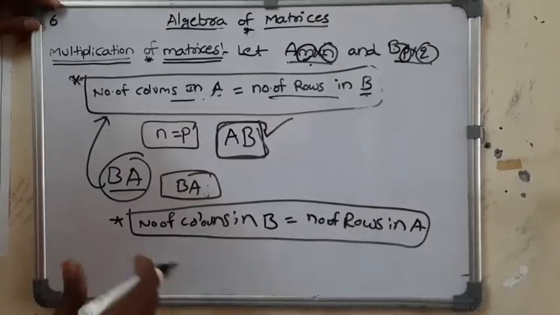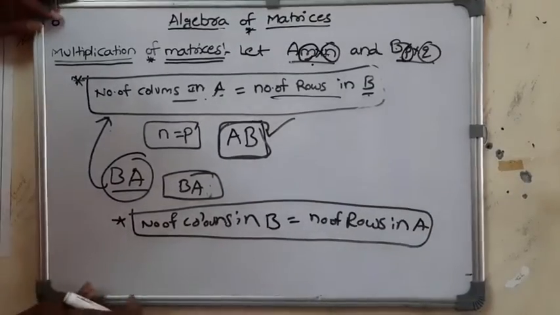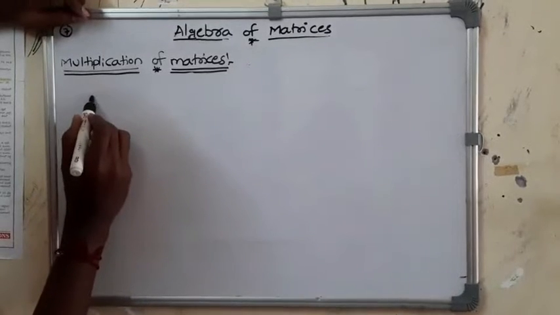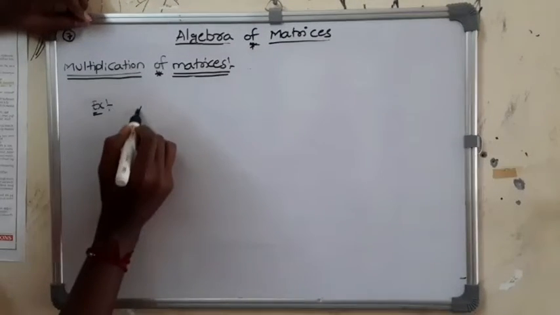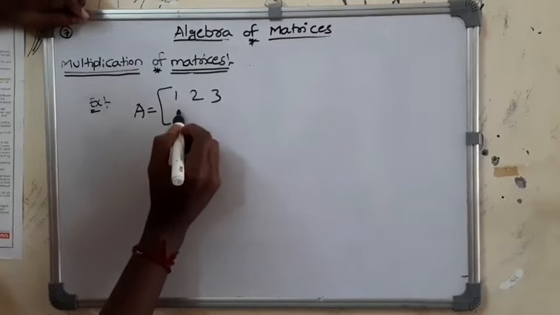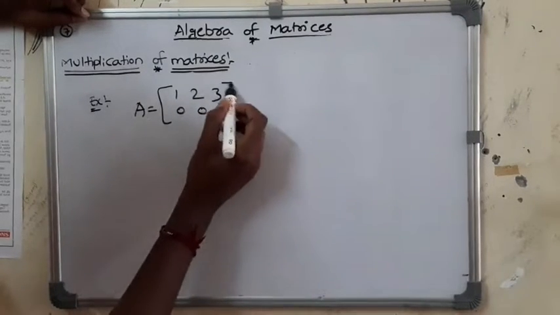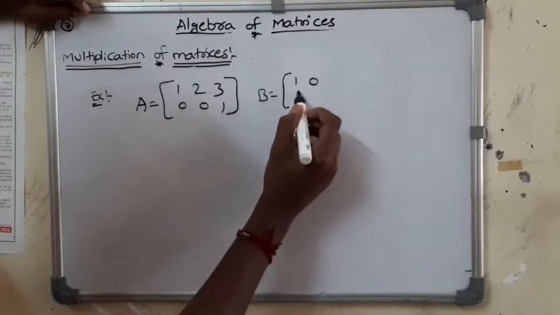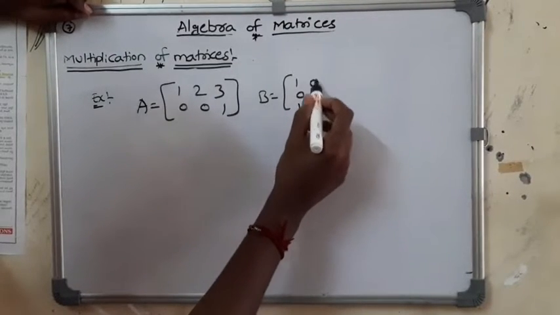So now we can take an example of A and B and perform the multiplication operation on both. Let's take an example. Let A equal 1, 2, 3, 0, 0, 1 and B equal 1, 0, 0, 1, 1, 0.